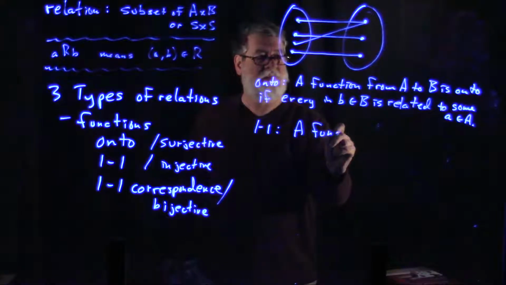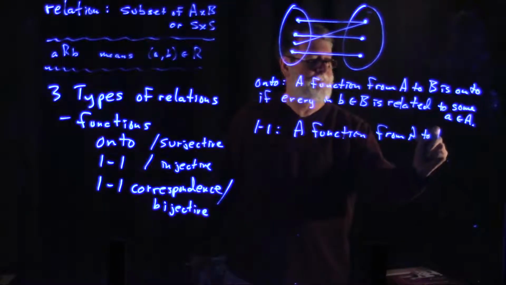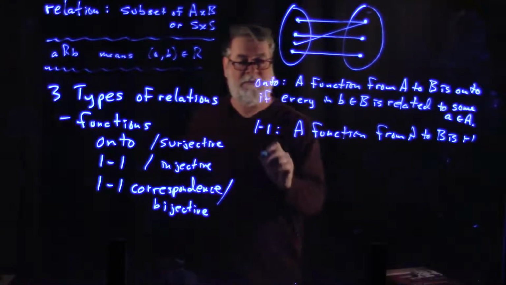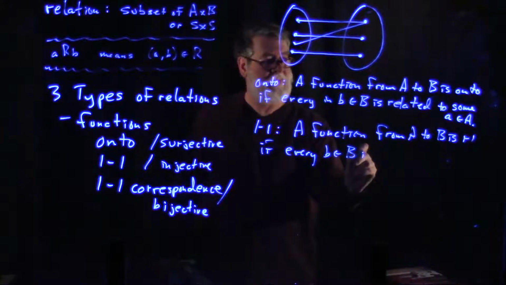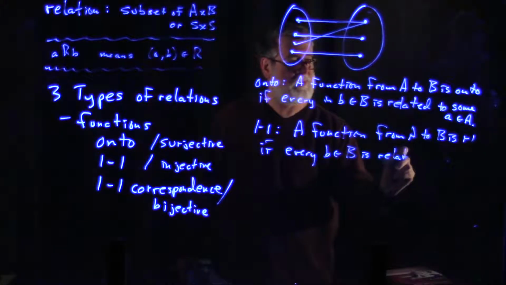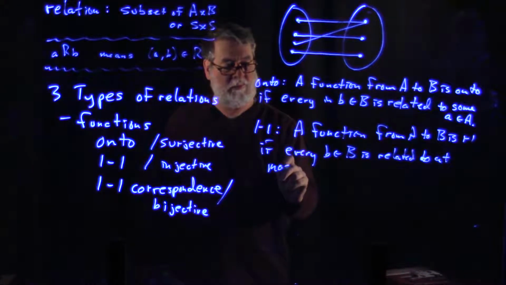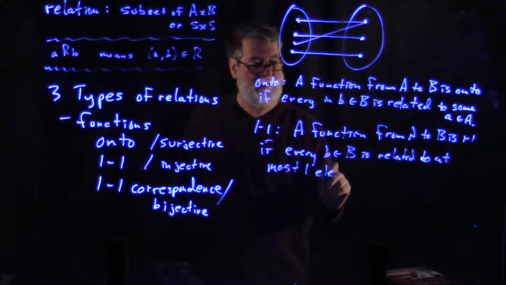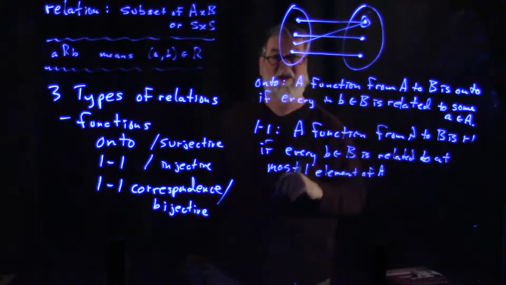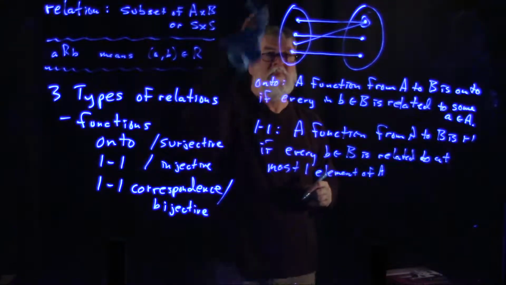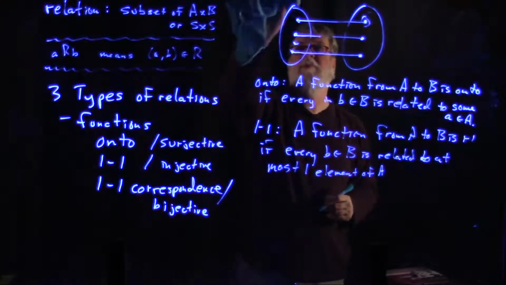So a function from A to B is 1 to 1 if every element in B, every b in B, is related to at most one element of A. So this is not 1 to 1 because there's something that has two lines coming into it. If we took one of those out, well, we still have a problem here. Let me rewrite it.